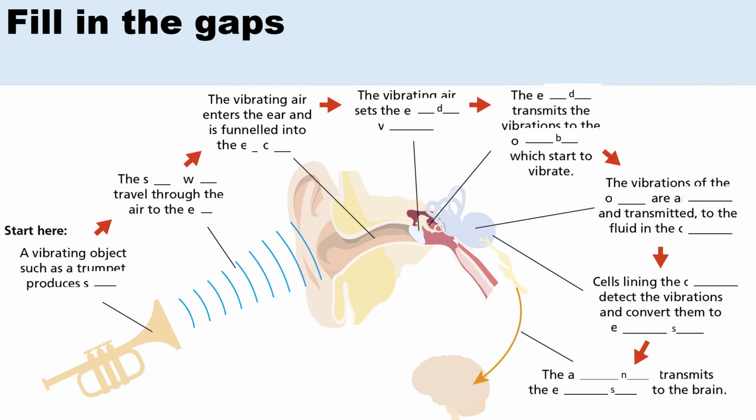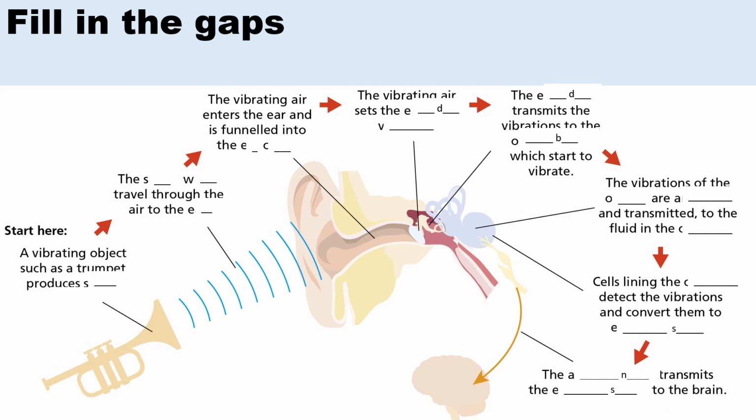Okay, so now what I want you to do is to fill in these gaps. So a vibrating object such as a trumpet produces something. The something something travel through the air to the something. The vibrating air enters the ear and is funneled into the something something. And the vibrating air sets the something something. The something transmits the vibrations to the something something, which then start to vibrate.